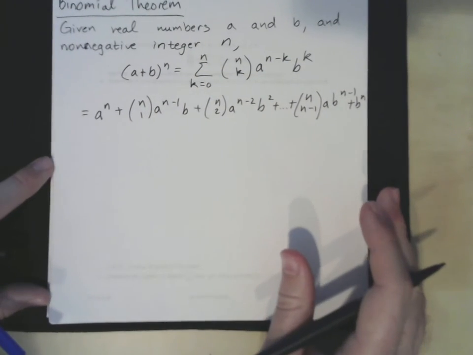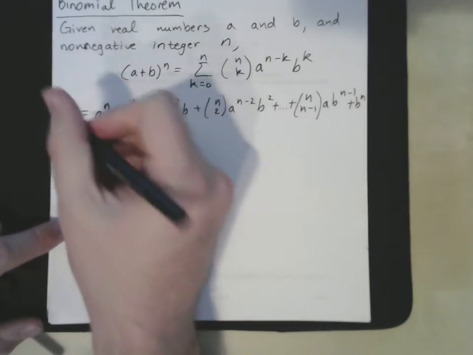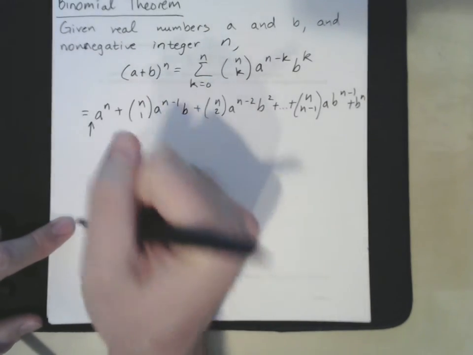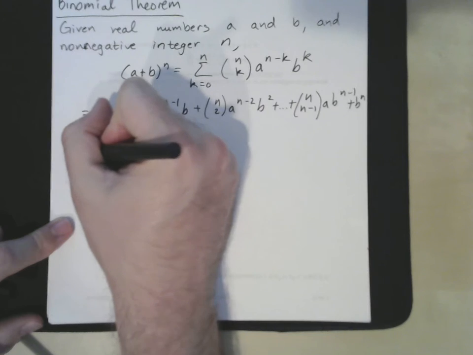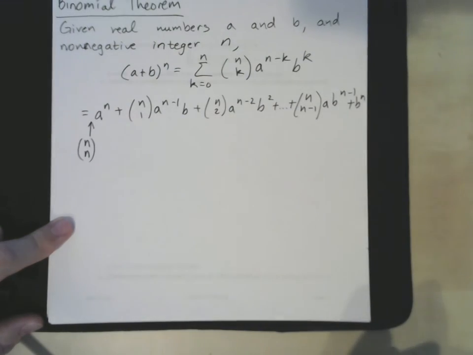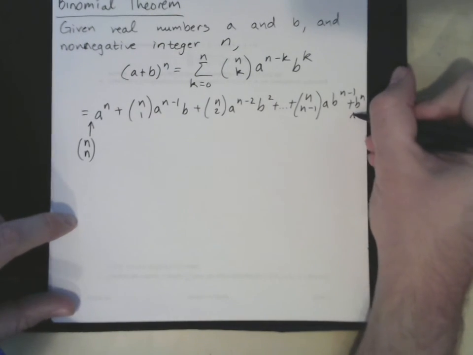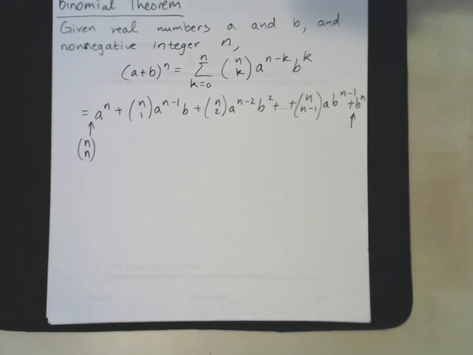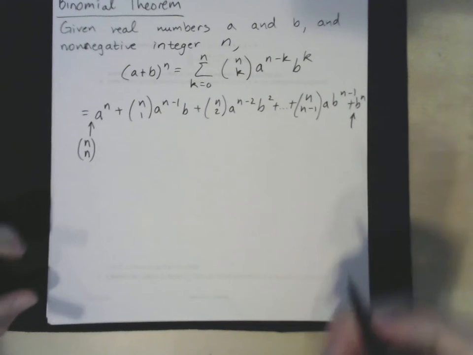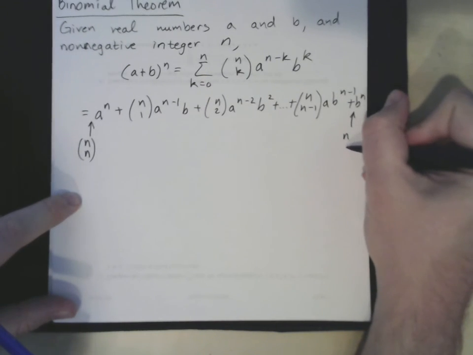That's our binomial theorem. Now what we usually leave off here is this coefficient is n choose n, and this coefficient, from what we started with, is n choose 0.